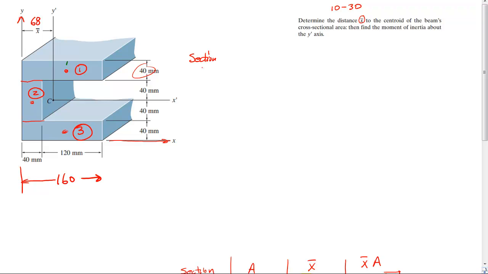My section, which actually, let's just move it over a little bit to the left. Well, now I'll have to go straight down. So I need to just put it right there. I'll have section 1, 2, and 3 here. Next thing I'm going to put is the area of that section.